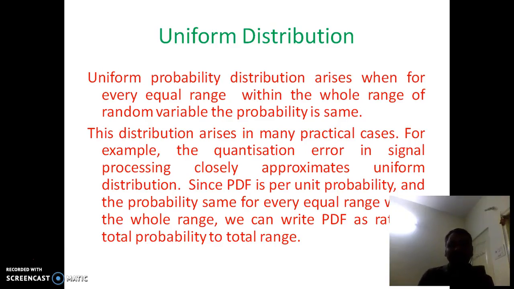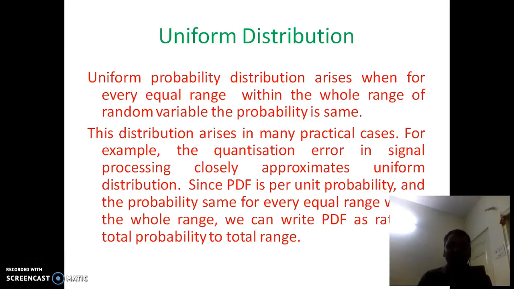Next, let's see uniform distribution. Uniform probability distribution arises when for every equal range within the whole range of random variable, the probability is the same. This distribution arises in many practical cases.